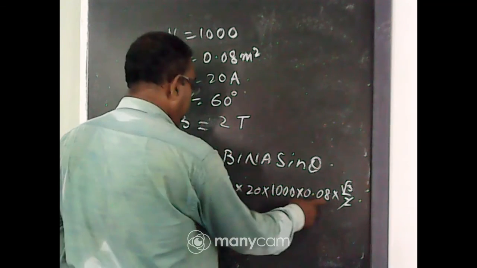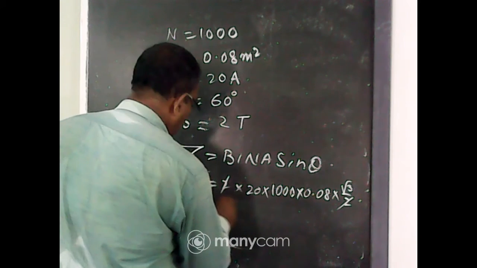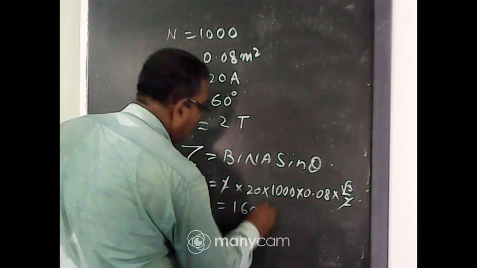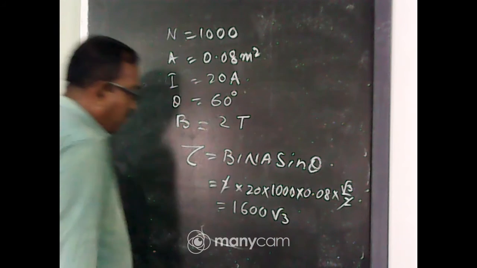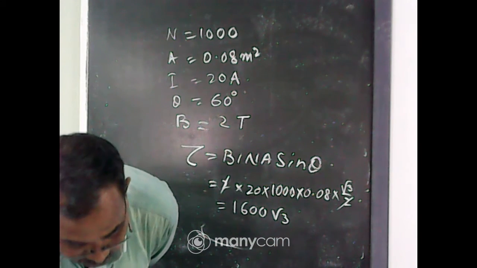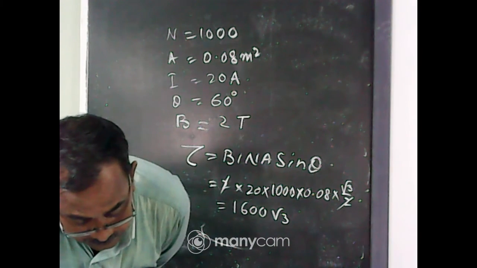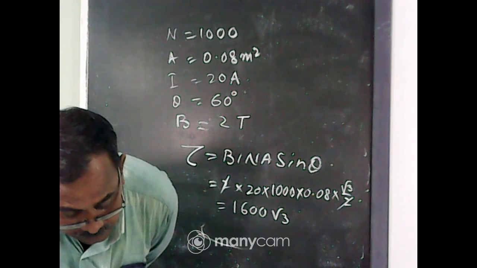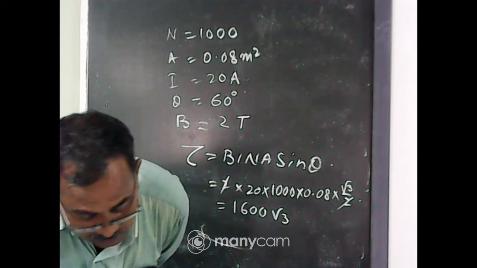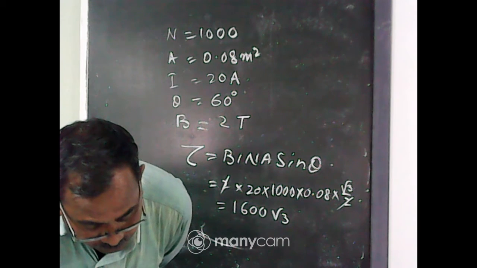20, 16, 1.6. The value is, what will be the answer? You check it. 1600 Newton into meter. What will be the root 3? When it is placed making an angle 60 degree with the magnetic field.